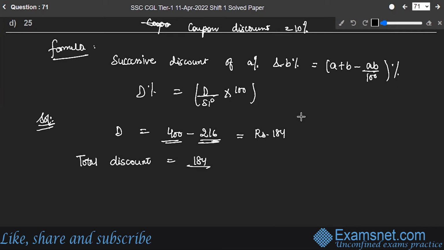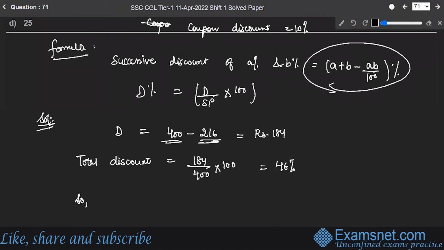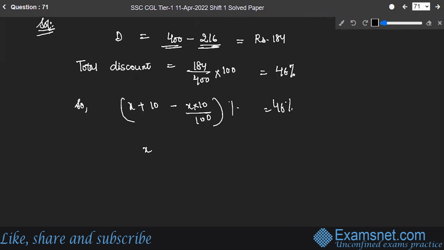Total discount is 184 upon 400 into 100, that is equal to 46%. Now if I'm using this formula, you will have X plus 10 minus X into 10 upon 100 percent is equal to 46%, and here you will have X plus 10 minus X upon 10 is equal to 46.